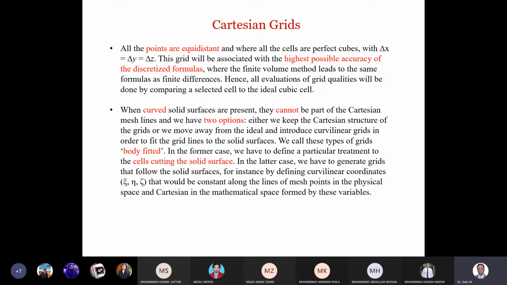Or the second option is that we move away from this perfect Cartesian structure and create body fitted grids. So we'll see that later one by one.